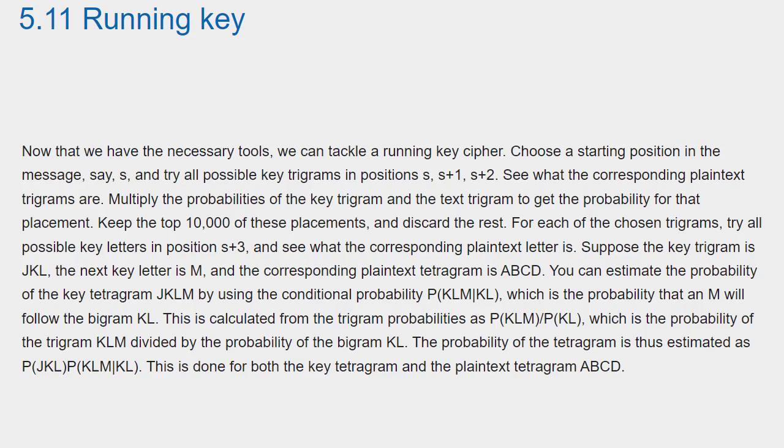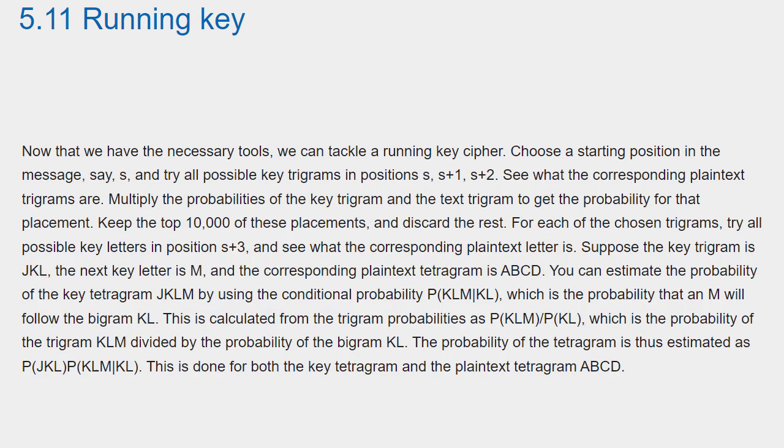Now that we have the necessary tools, we can tackle a running key cipher. Choose a starting position in the message, say S, and try all possible key trigrams in positions S, S plus 1, S plus 2. See what the corresponding plain text trigrams are.